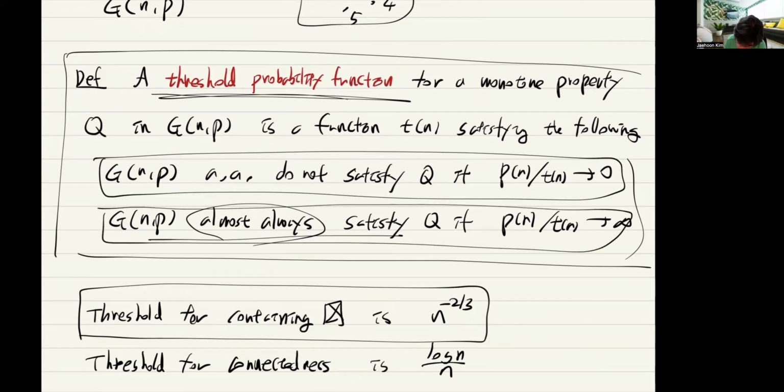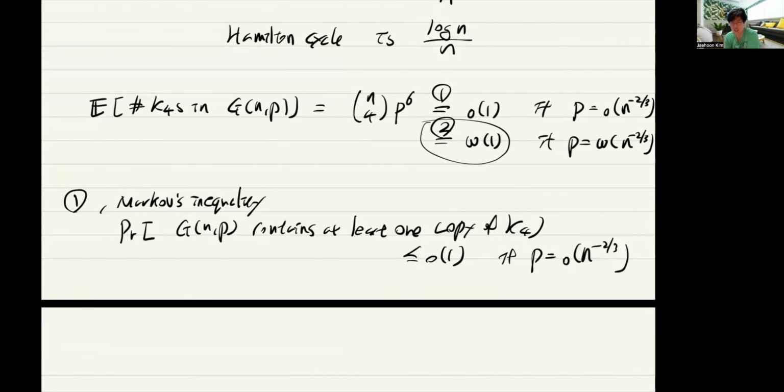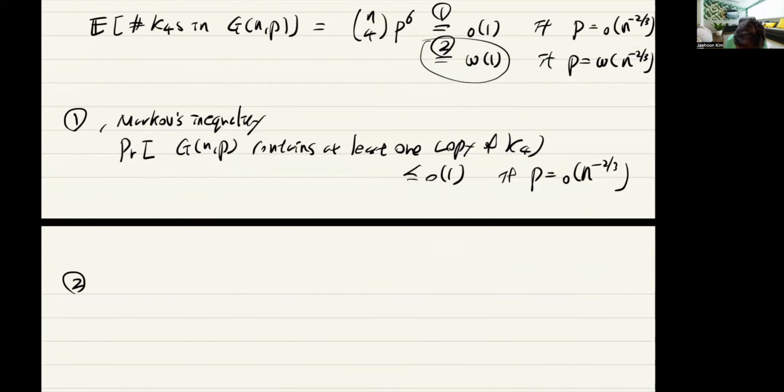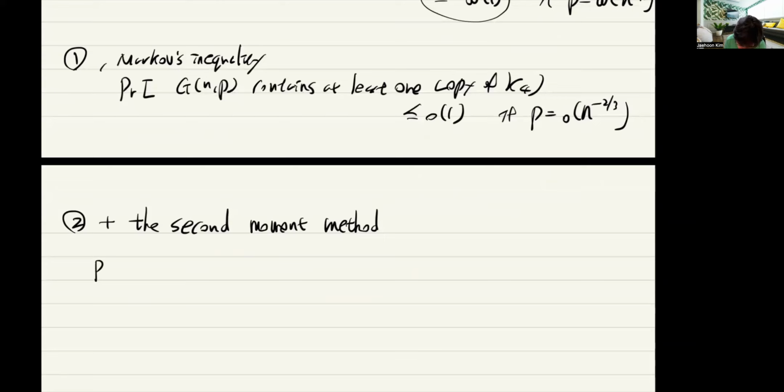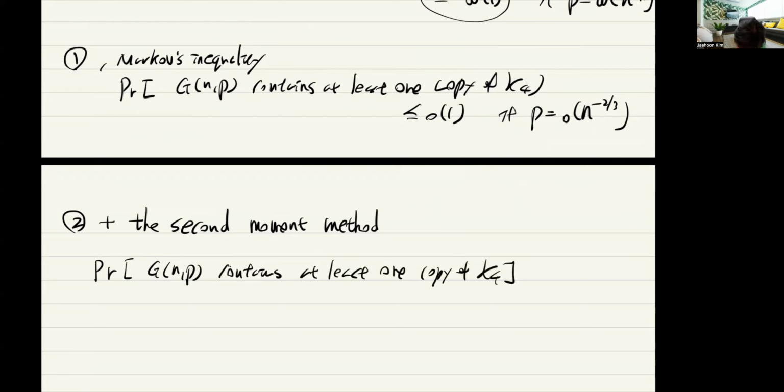To check the second one, you cannot directly get it from 2, but 2, together with some probability technique, the second moment method, which we also learned in the undergraduate course and in the probabilistic method, shows that the probability that G(n,p) contains at least one copy of K4 is at least 1 minus o(1) if p is much bigger than n to the negative 2 over 3.